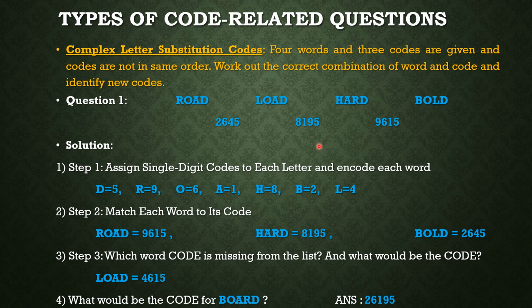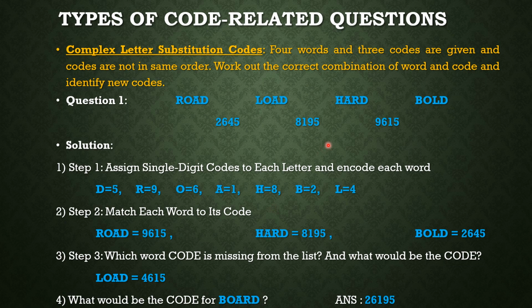So the 8195 should be hard basically. So we write that down here as well. By this time we have assumed that 9615 is probably road and 8195 is probably hard. If we go by that assumption, H should be 8.